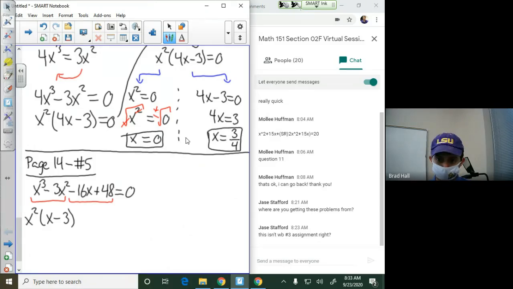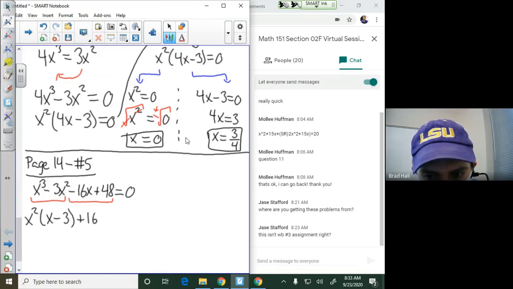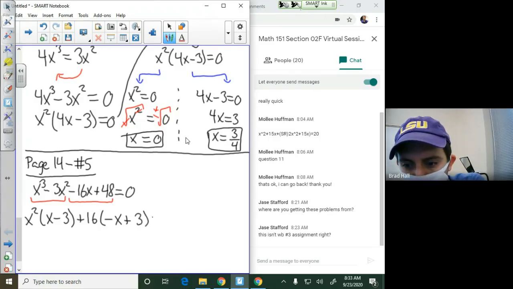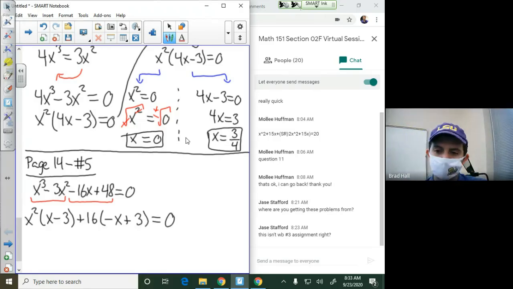Now for that second group, if we were to factor out positive 16, then that would leave us negative x plus, well, 48 divided by 16 is 3. So notice it's off. If we only factor out positive 16, we're off by a negative. Those two expressions left over in the groups are not the same.